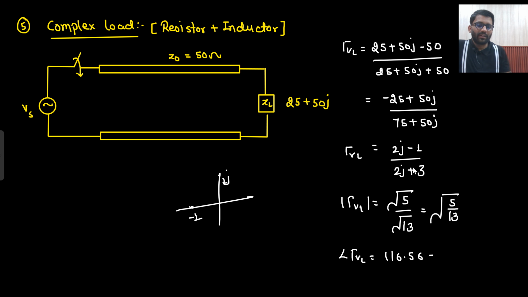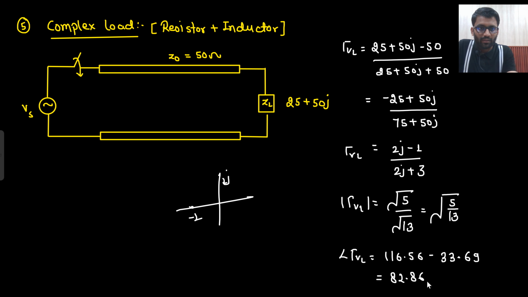Then you need to subtract this angle, that is tan inverse of 2 by 3, which is 33.69. So what you are getting? 116.56 minus 33.69, that is 82.86. Let me check it again.